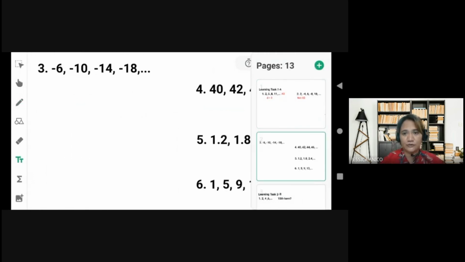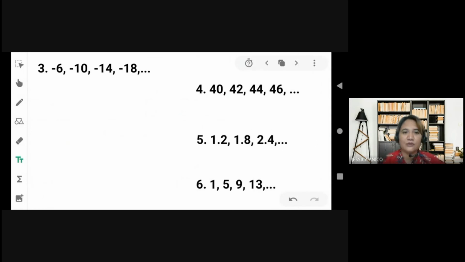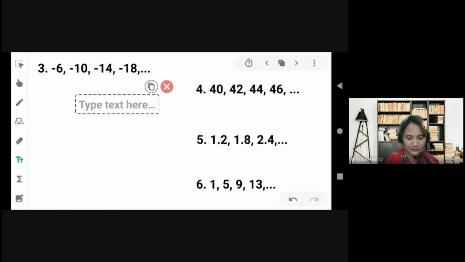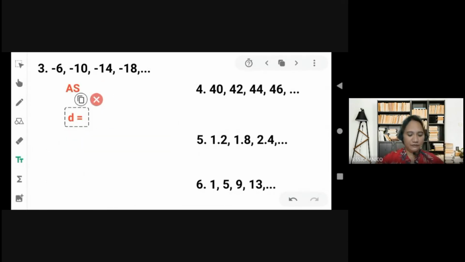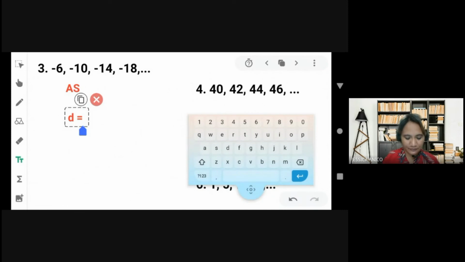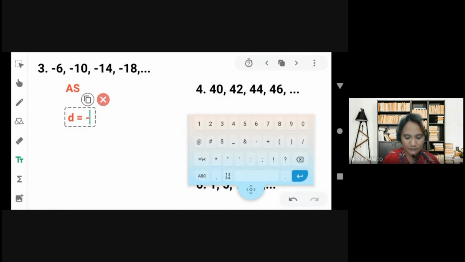So next, for number 3, we have negative 6, negative 10, negative 40, negative 18. So this is an arithmetic sequence. The common difference is negative 4.